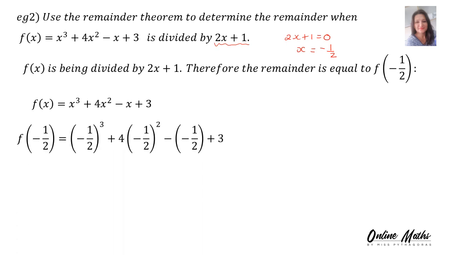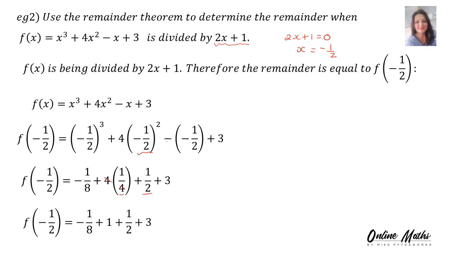Therefore, it becomes minus a half cubed is minus an eighth, plus 4 times minus a half squared is a quarter, and then here a minus times a minus is plus a half, plus 3, and then 4 and 4 will cancel and you're left with minus an eighth plus 1 plus a half plus 3, and that is equal to 35 over 8.